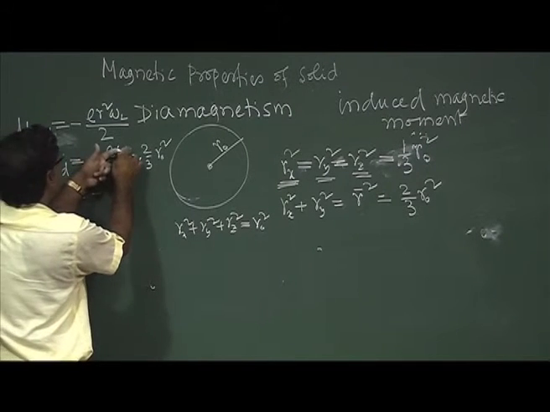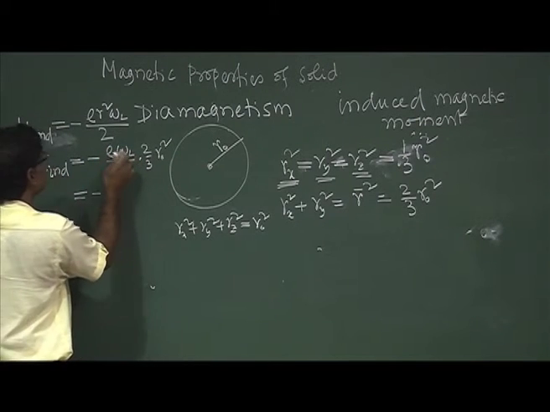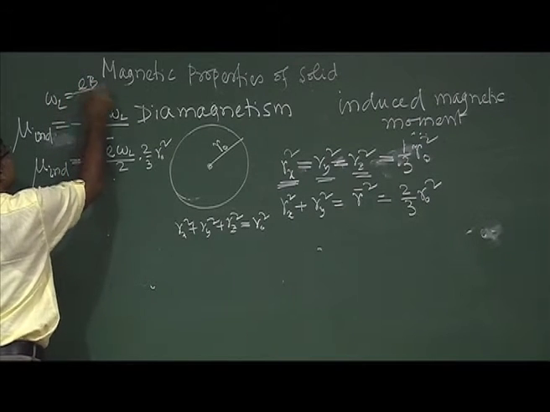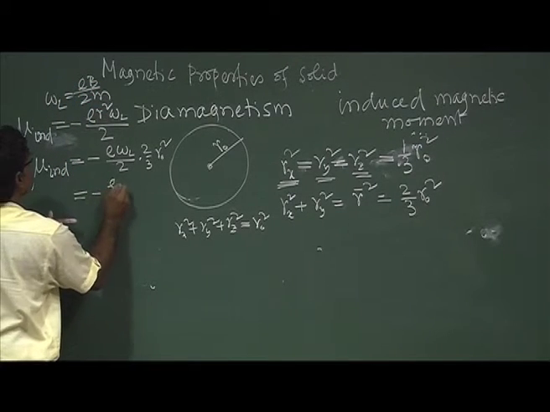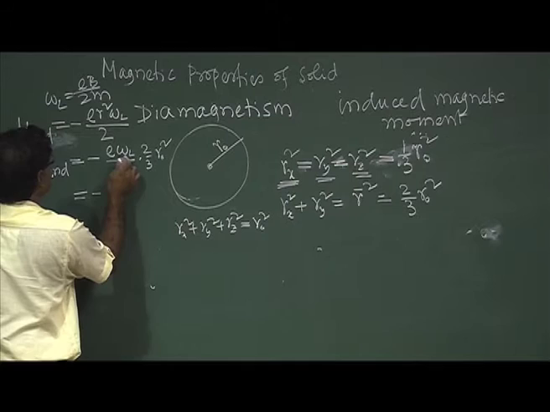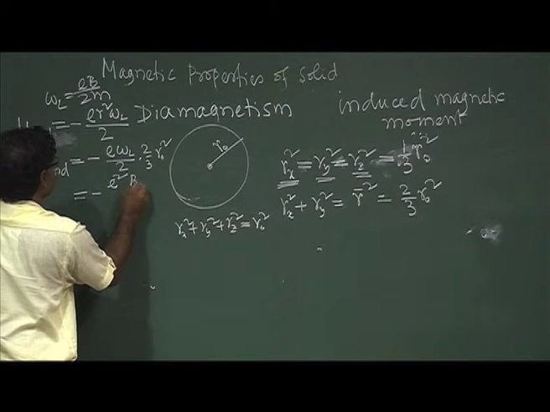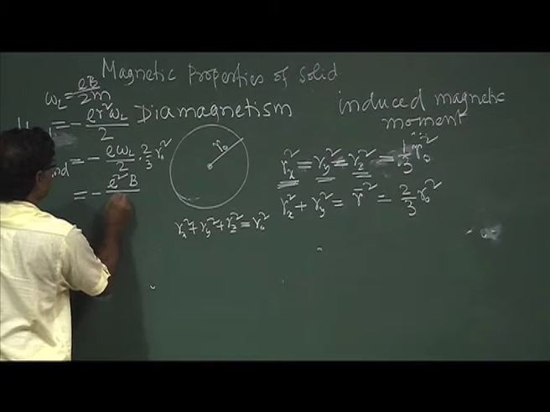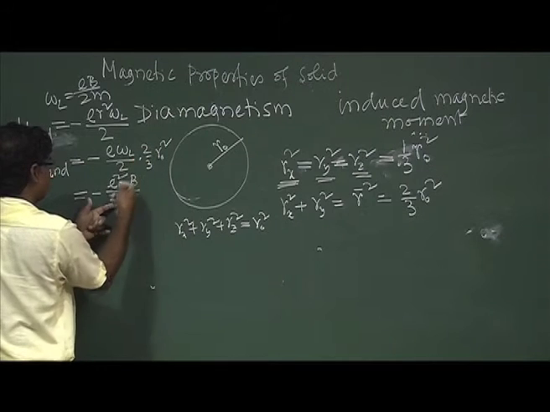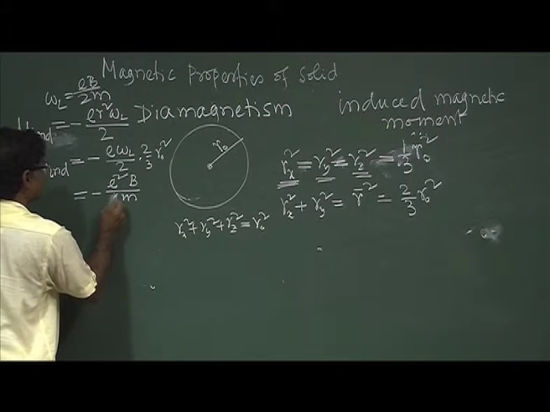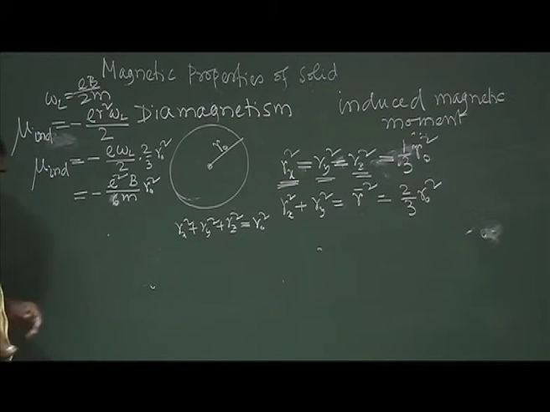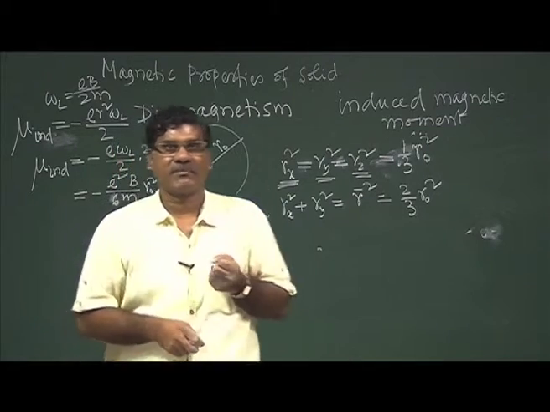If I put omega L equal to eB by 2m, where B is the magnetic field, I get minus e square B by 4m, and with the 2/3 I can write 6m R0 square. So this is the average induced moment per electron.